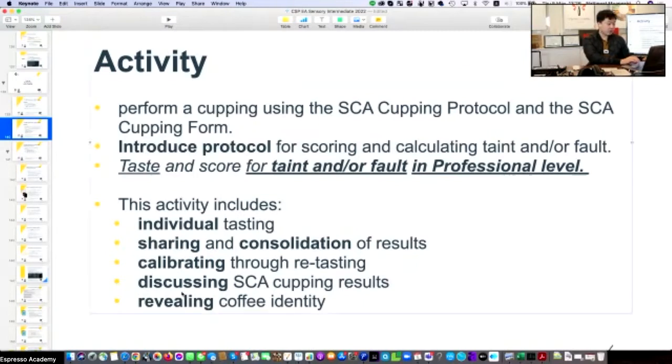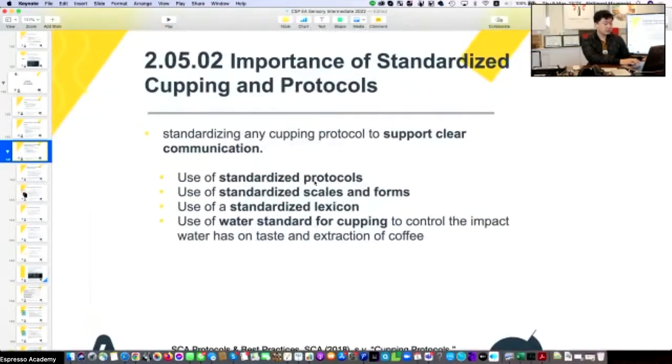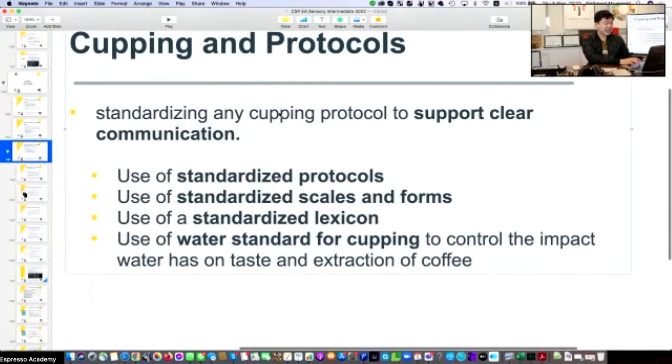Everybody would do the cupping and I will review the coffee later at the end. This is the fun part. A cupping protocol is a standardized way, a protocol that was created. What's the temperature, what's the room, what's the equipment, the grind size, the ratio of cupping, right?